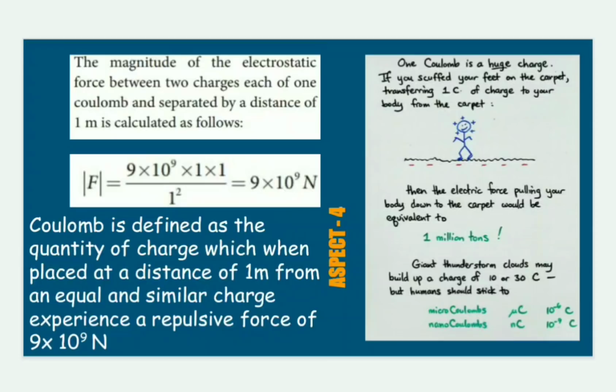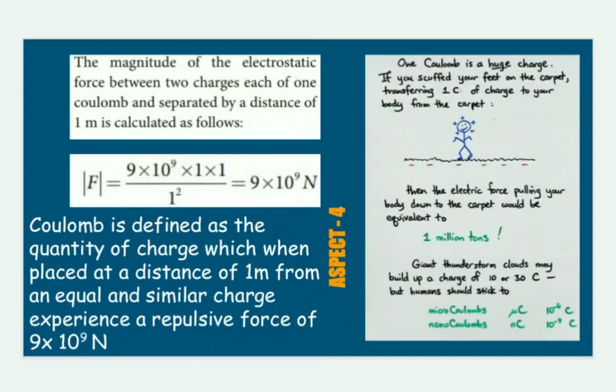In order to explain what is 1 Coulomb, we are imagining the charges to be 1 Coulomb each. So take two charges of 1 Coulomb and separate them by a distance of 1 meter. So the formula becomes 9 into 10 power 9 into 1 into 1 by 1. So the value is equal to 9 into 10 power 9 Newton. So they are defining Coulomb in this manner.